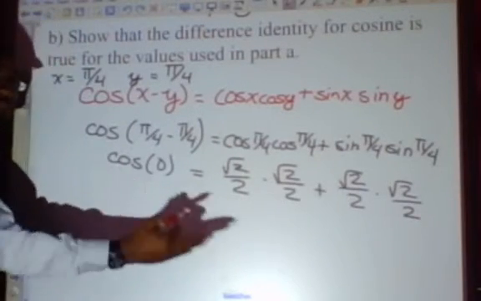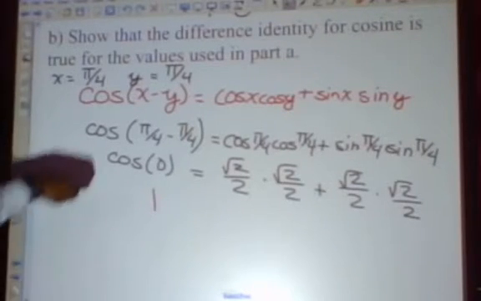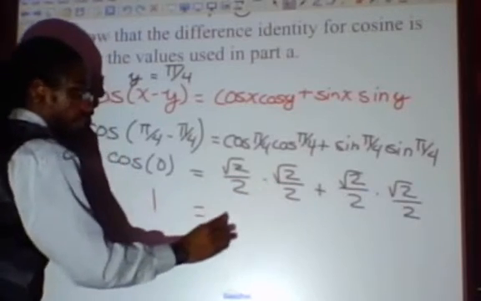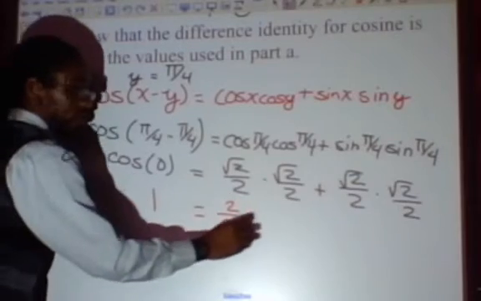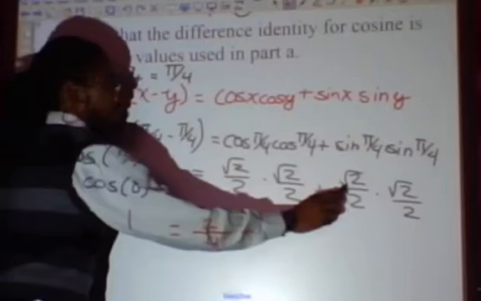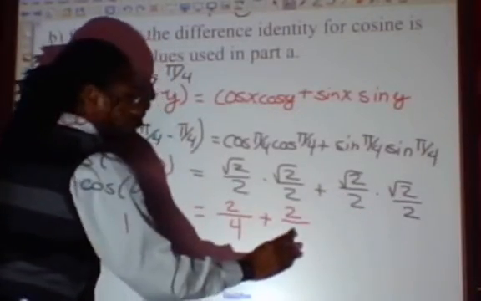And we're going to simplify everything down. Cosine of 0 is 1, as we said at the top. Square root of 2 times square root of 2 is 2 over 2 times 2, which is 4, plus square root of 2 times square root of 2 is 2, and 2 times 2 is 4.